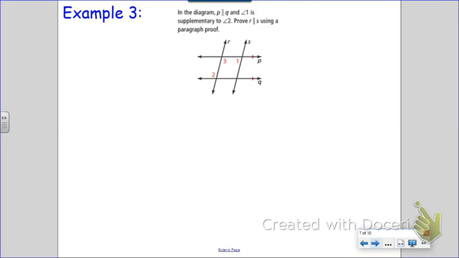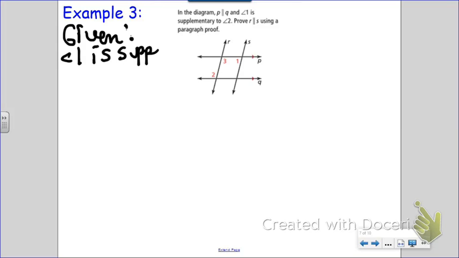So we'll go ahead and do a two-column. So our given information is that angle 1 is supplementary to angle 2. And we prove R is parallel to S.